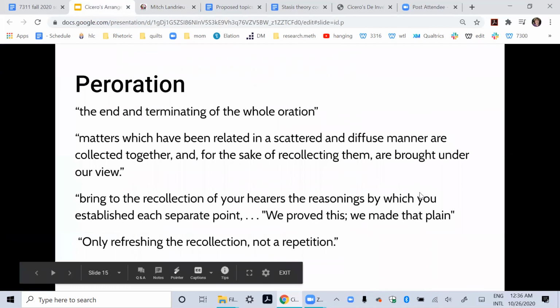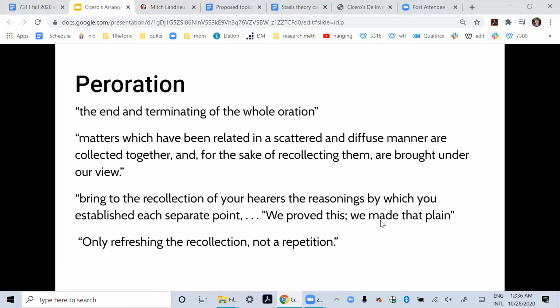The final section is the peroration, or the conclusion. The end and terminating of the whole oration is what Cicero says. He makes a big point about how at the conclusion you are, as I said earlier, telling them what you told them.